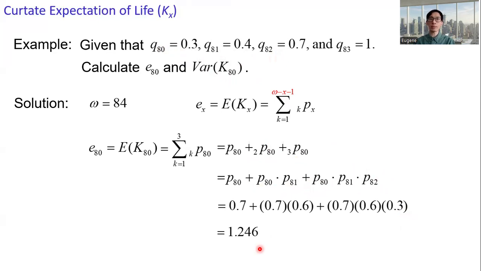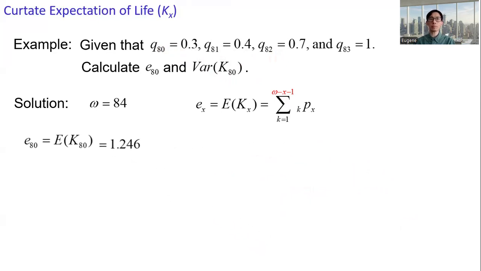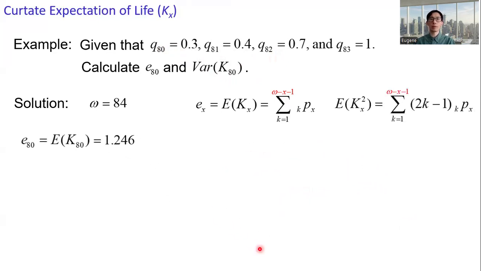And how about the variance? The expected value of Kx squared is the summation of 2k minus 1 times kpx, where k equals 1 and the upper limit is omega minus x minus 1. All right, so we get the expression 2k minus 1 times kp80, k equals 1, 2, and 3.